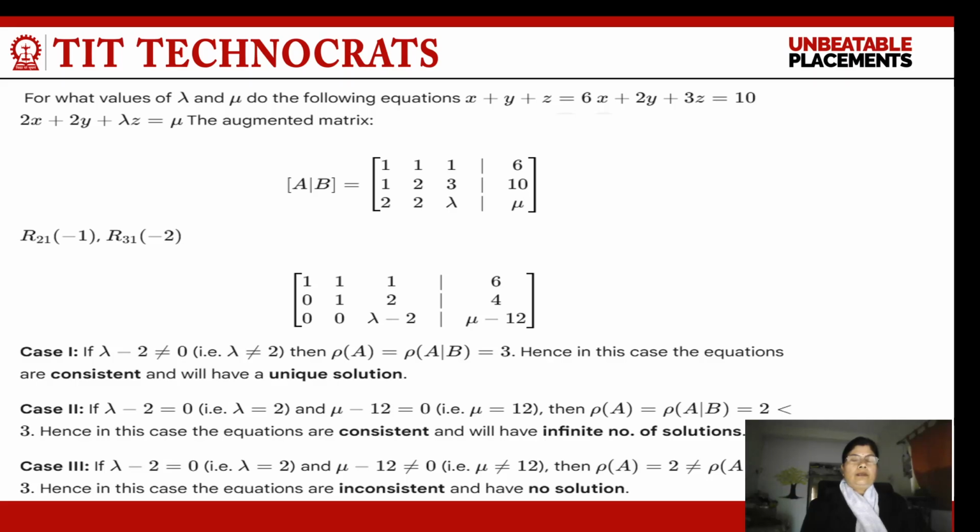Here the augmented matrix is A colon B, that is 1 1 1, 1 2 3, 2 2 lambda, and here B is equal to 6, 10, mu.